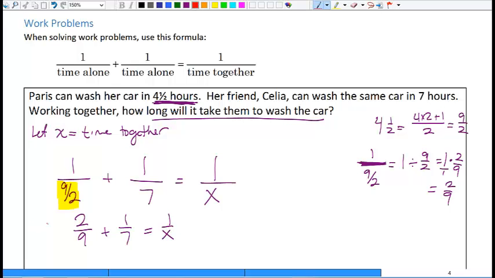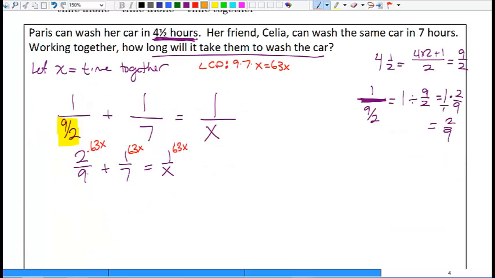Now let's look for our LCD. The LCD between 7, 9, and x is just going to be 9 times 7 times x, or 63x. So we have 63x. I'm going to multiply it on every single numerator. The 9 and the 63 divide out to 7, so that's just 2 times 7x.